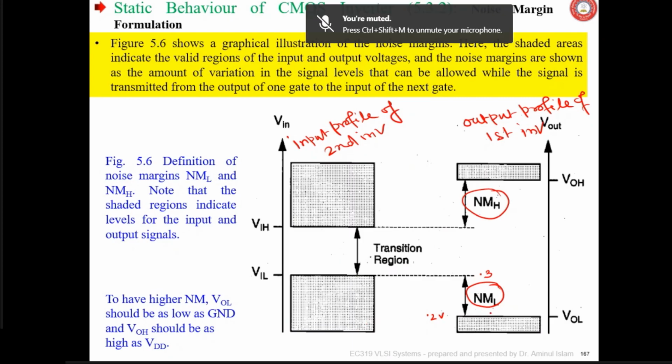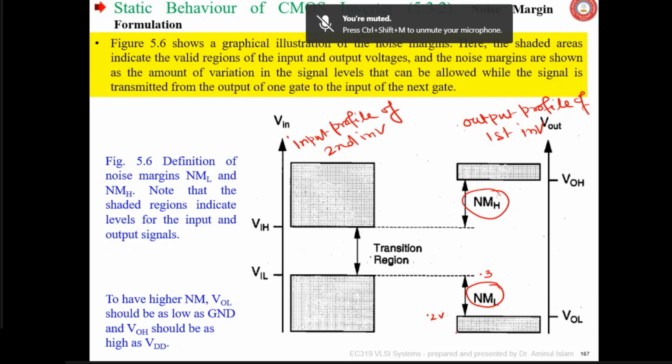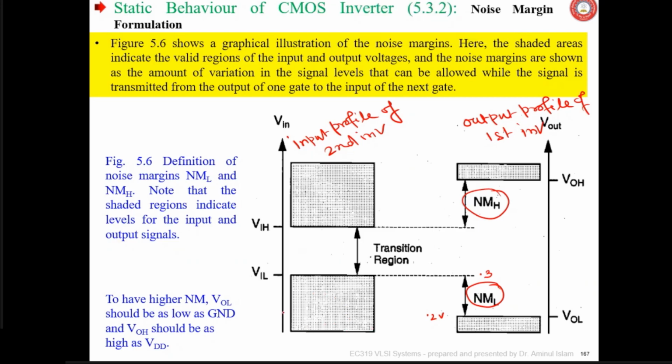So NML means the first inverter output should be considered as low if it is 0 to 0.2 volt, for example. And the second inverter will consider its input as low if it is coming from the first inverter up to 0.3 volt, VIL. So the difference between these two is NML.